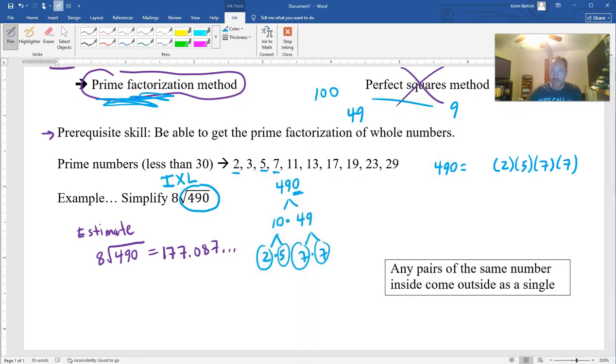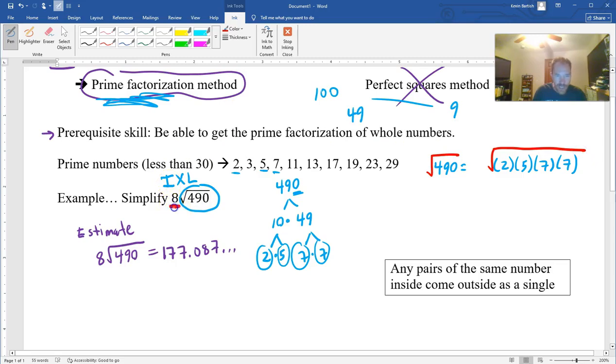Okay. We're doing the square root of 490, so we would also do the square root of all those prime numbers, the product. But now this is where I need to bring that 8 back. 8's already on the outside of the square root. What's going to join it? Well, the only pair inside that I have is a pair of 7s.